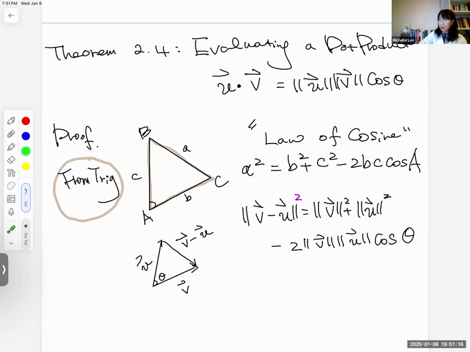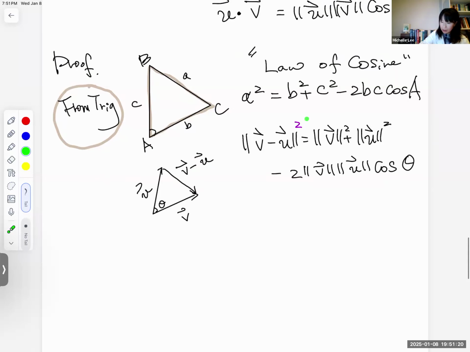Now we start with the left-hand side, which is this one. So let's do it. The magnitude of v minus u, squared. This means v minus u dot product with v minus u, right?